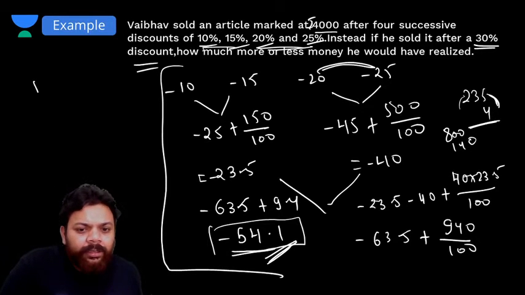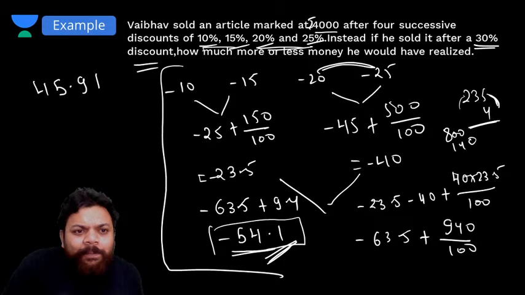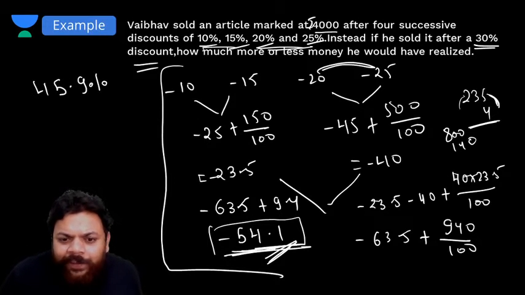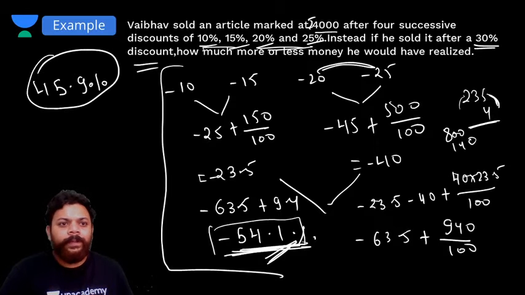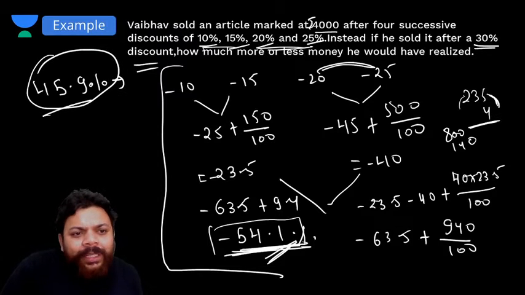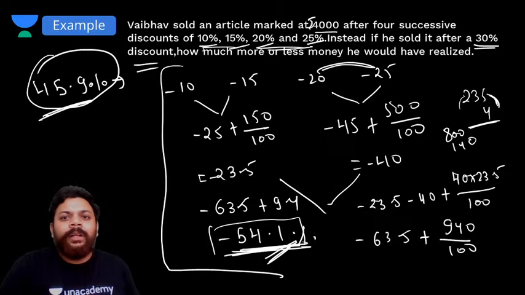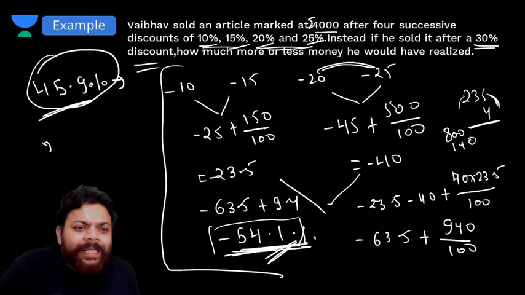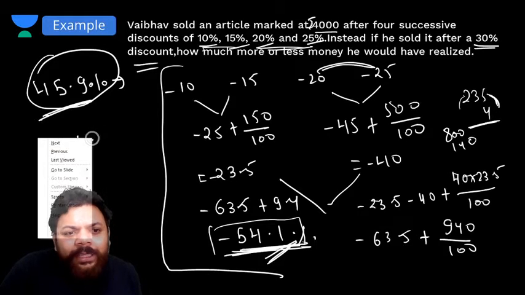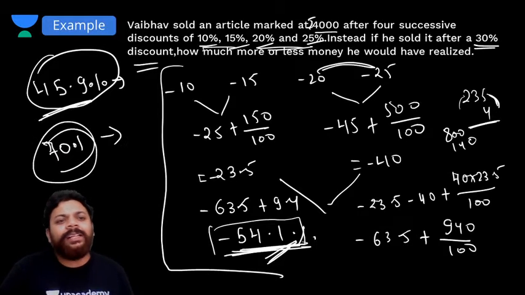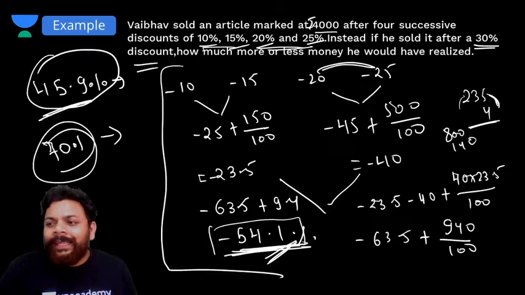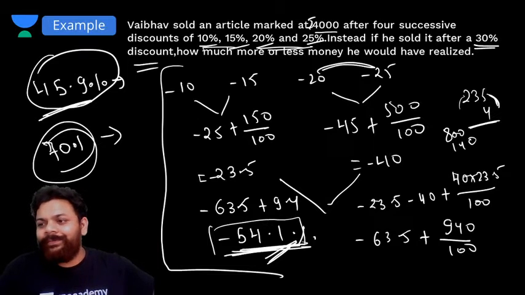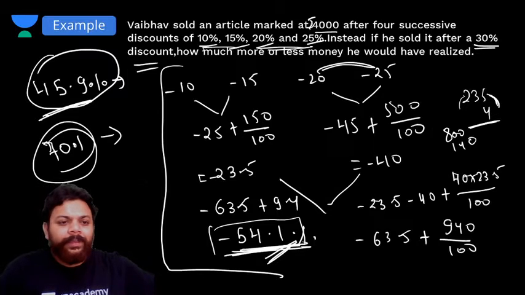Now just try to think, 45.9%, if there is a discount of 54.1%, that means we need to pay this one. So this is what a particular person is paying in this scenario, but whenever he gives the 30% discount, that means how much percent will that person have to pay? He will have to pay 70%. Are you getting this, guys? Yes, 964 is the correct answer.